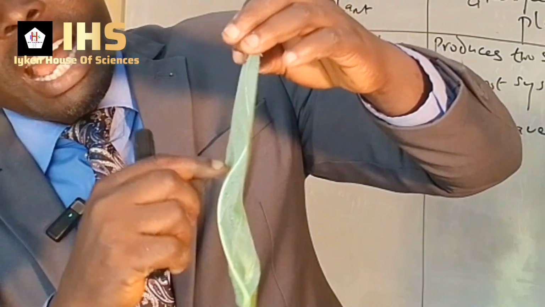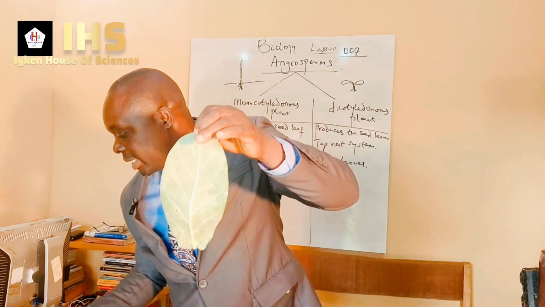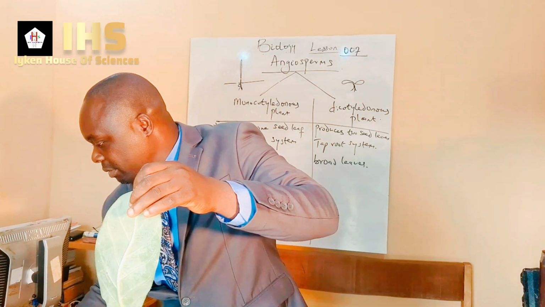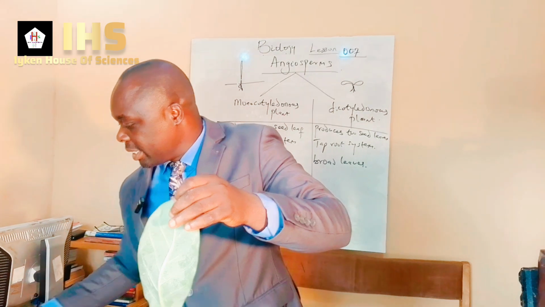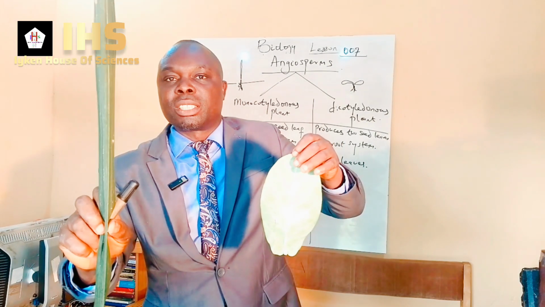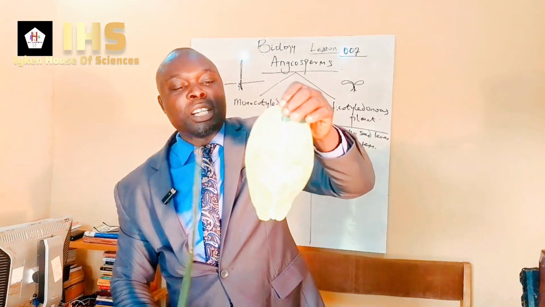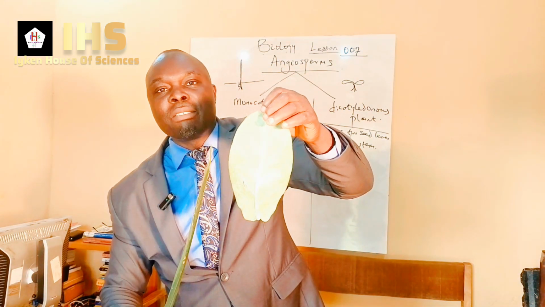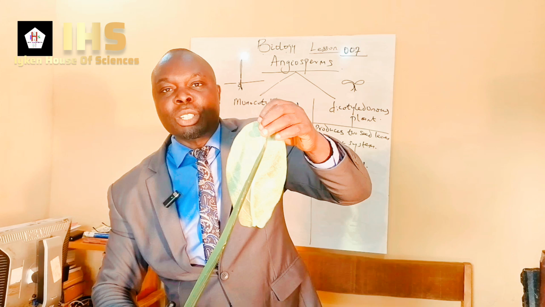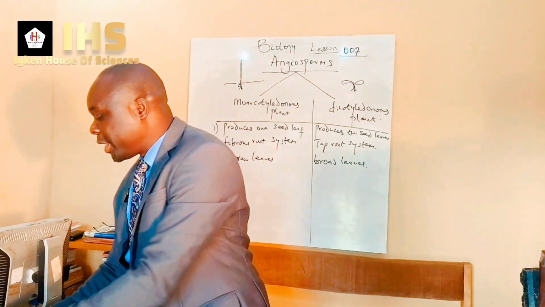The veins are arranged like a network. The veins of the monocot are parallel venations. This one has network venations. What is the venation?